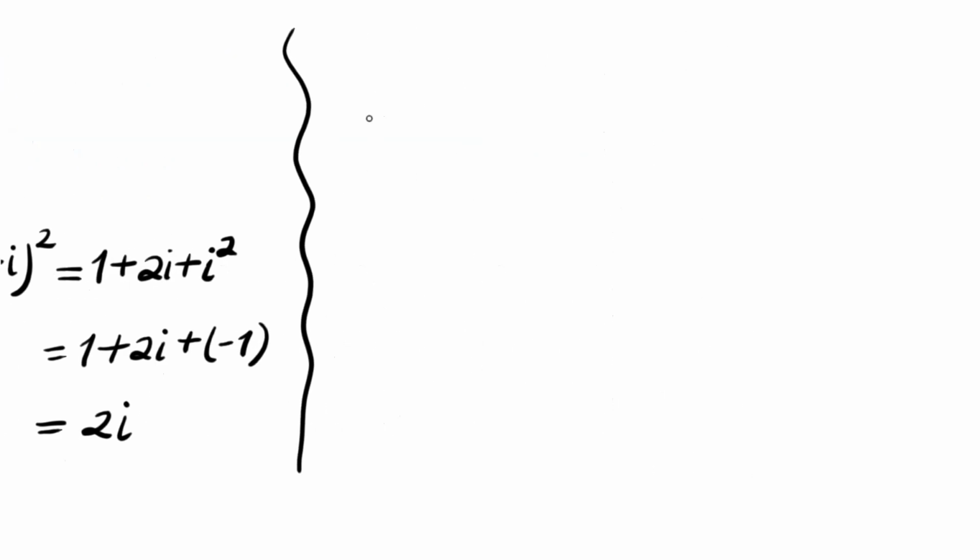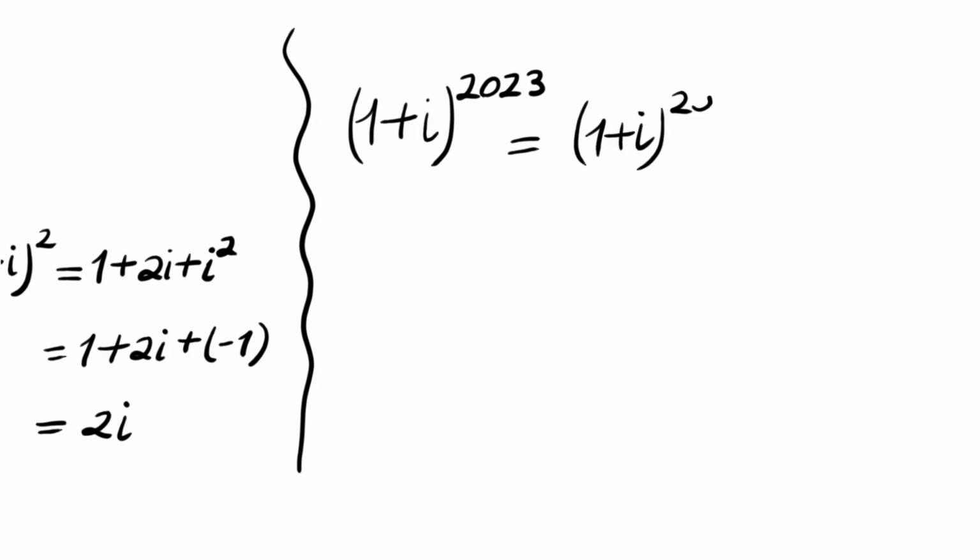We have 1 plus i to the power of 2023. We will first write this as 1 plus i to the power of an even power, which is 2022, times 1 plus i.